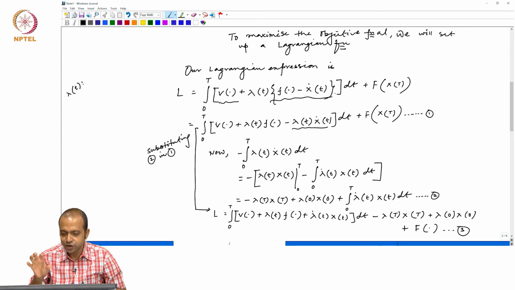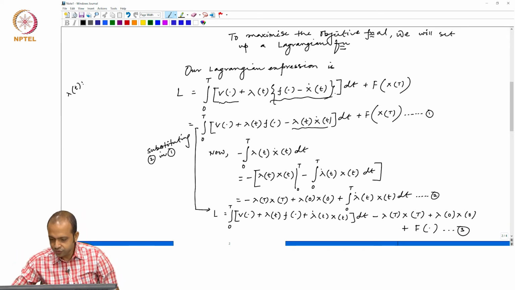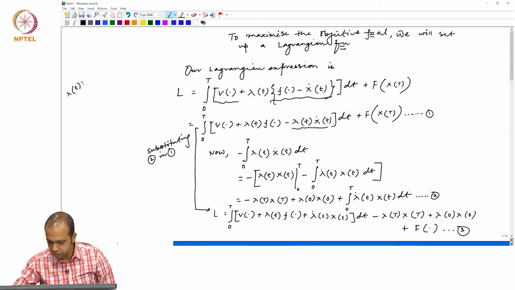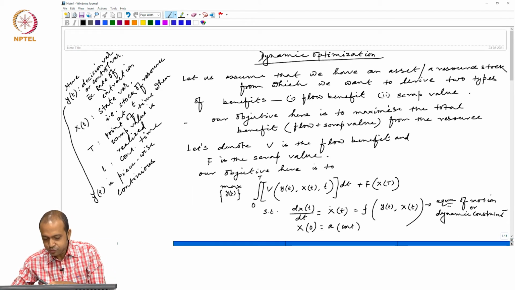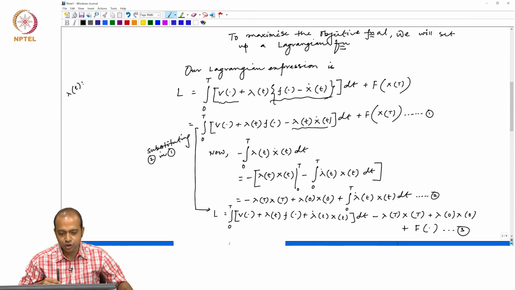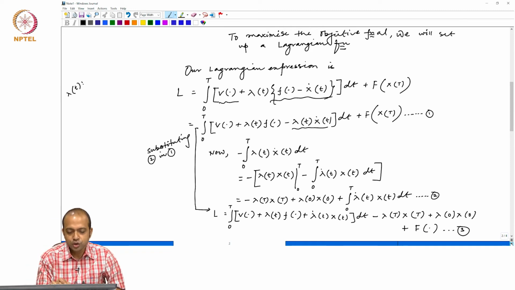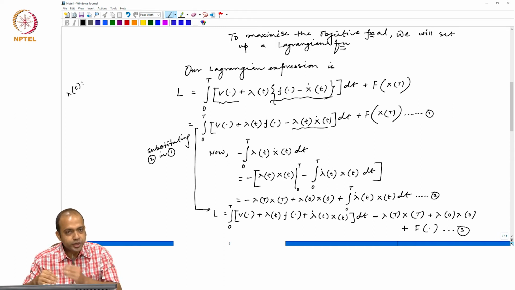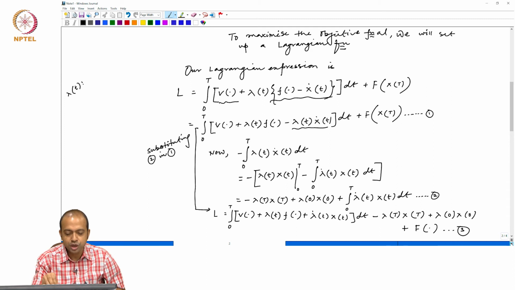That means f is a function of, if you look at the condition previously, this is basically change in your stock, so this is basically x dot t minus f, some kind of change in stock. So, first component is flow benefit, second component is stock. We cannot simply add stock with benefit, that is very simple. If you recall, we have already discussed earlier.